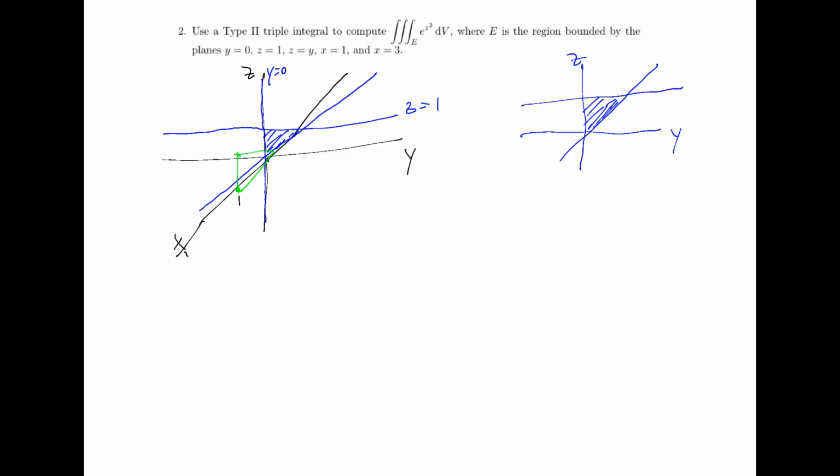And at x equals 3, I'm going to have the same triangle. So maybe let's draw the final figure in red. Since it's going to be between x is 1 and x is 3, it's going to be everything between these two triangles. And remember again, the triangles are the same for every x, because these equations do not depend on x. So let's try to fill this in with red.